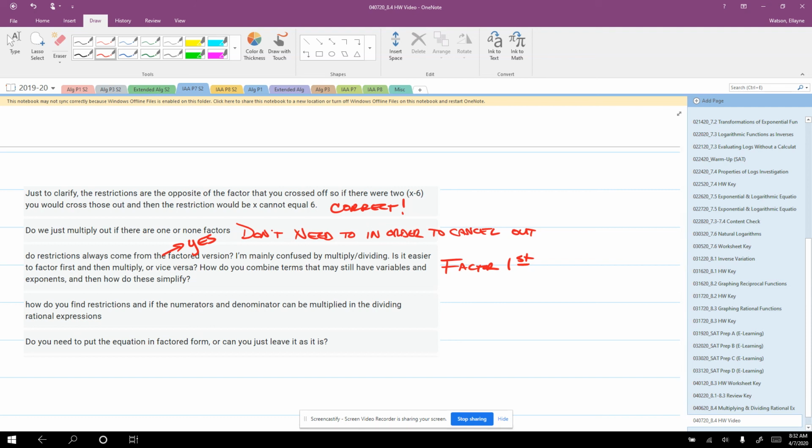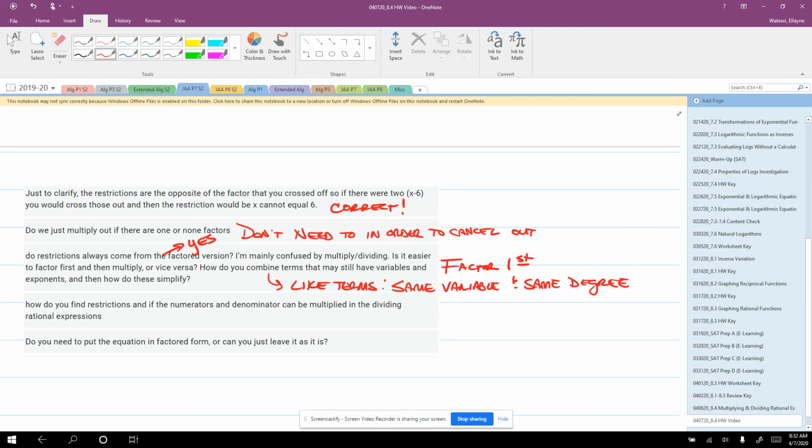How do you combine terms that may still have variables and exponents, and how do these simplify? So in order to combine like terms, they need to have the same variable and same degree. So they both need to be, say, for example, x to the power of 2, or both x to the power of 3.